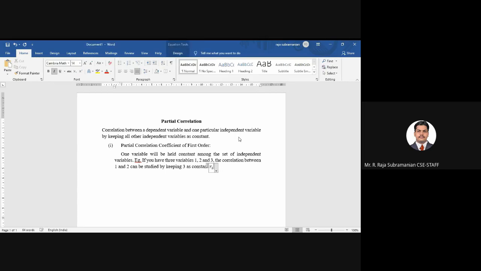This can be represented as r12 dot 3, which means that I'm going to study the relationship between 1 and 2 by keeping the third variable as constant. This we have already seen.